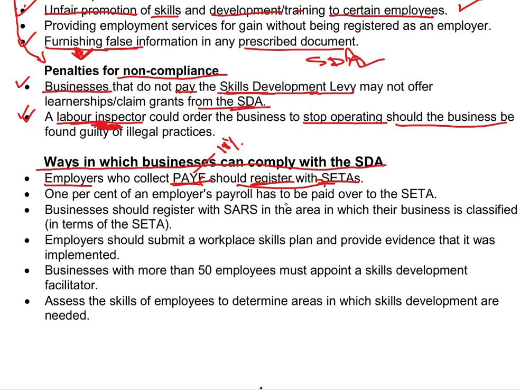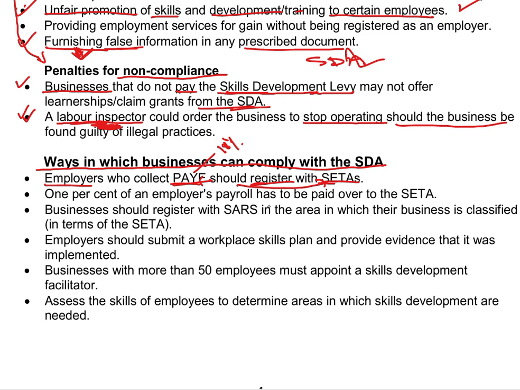So what to do? You find your relevant SETA, e.g., FASSET or TETA for accounting, maybe HWSETA for medical doctors. Step two, you register on their website via SARS, pay the skills levy, which is 1% of payroll.